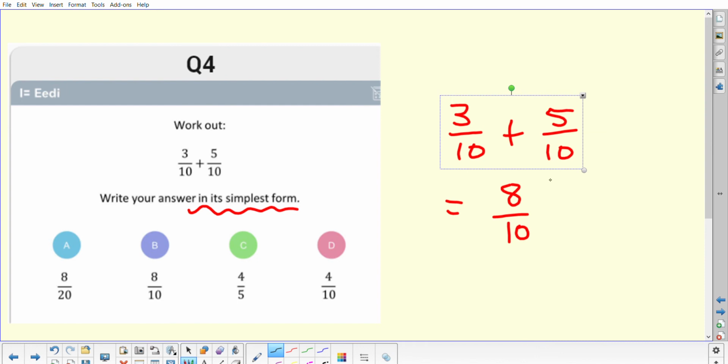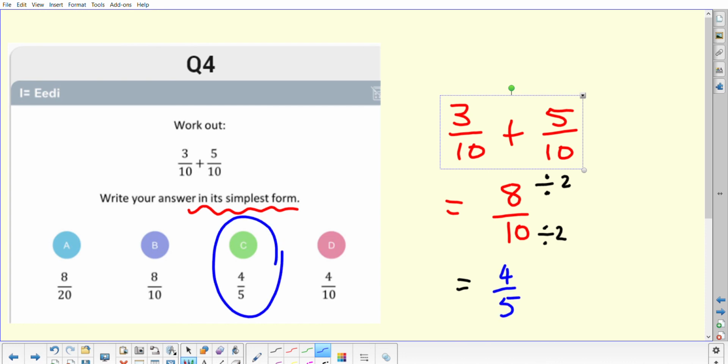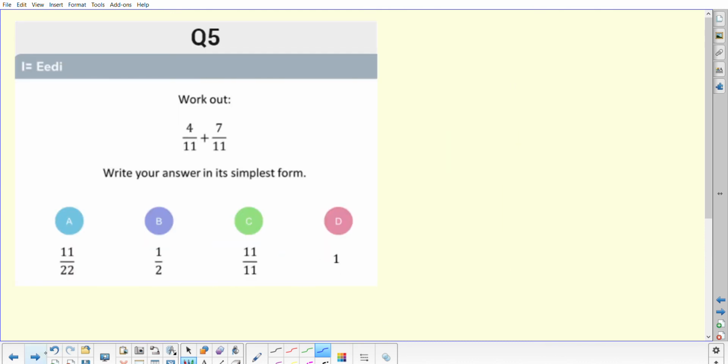That is the general rule with fractions. Even if it's not stated, the expectation is that your answer when you do a fraction calculation will always be simplified, and here 8 and 10 are both in the 2 times table, so we can divide by 2 top and bottom, and we should have found that our answer was answer C, which was 4/5.